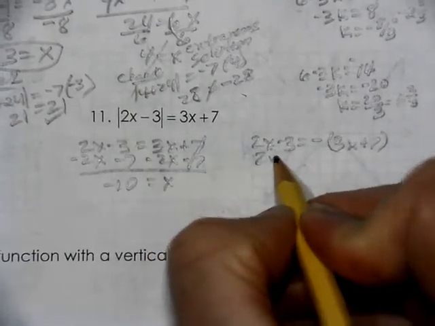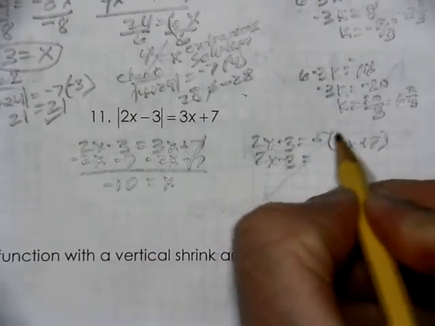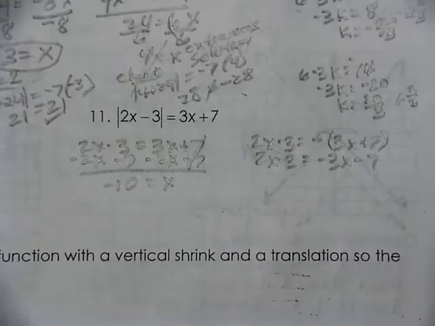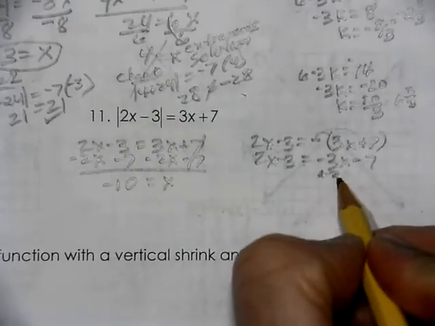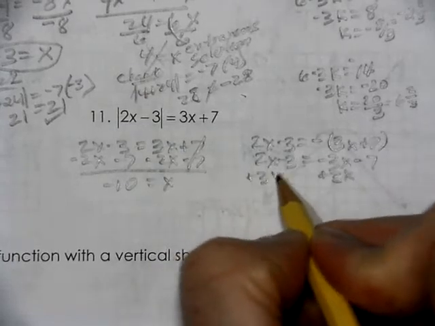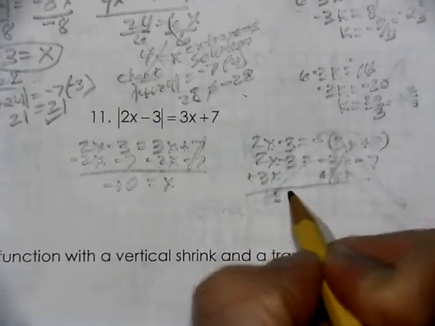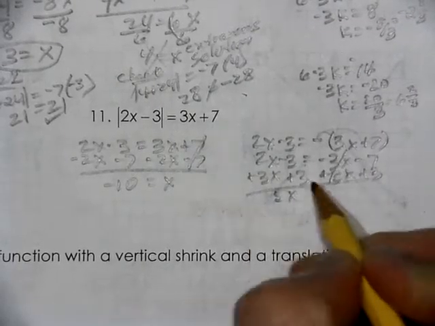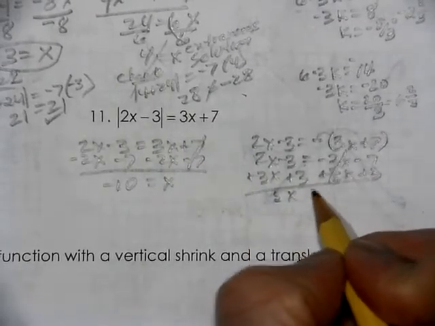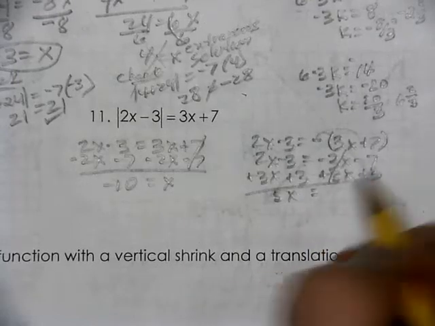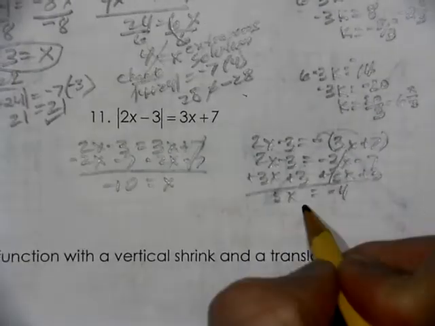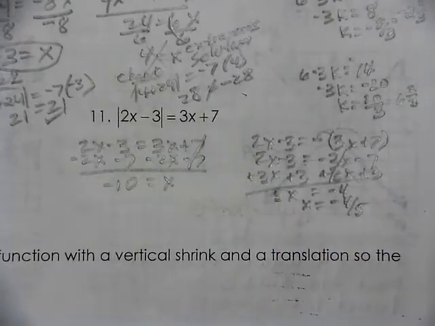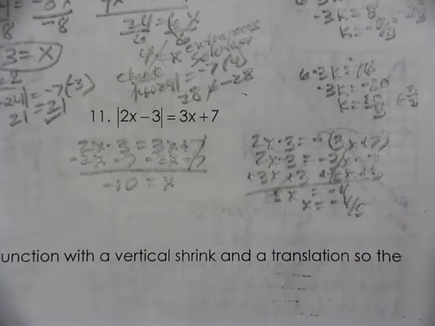On this side, we distribute the negative through. We add the 3 across. That gives us 5x. We add this 3 across. We added the 3x and now the 3. And when we divide, we get negative 4/5, or negative 0.8.